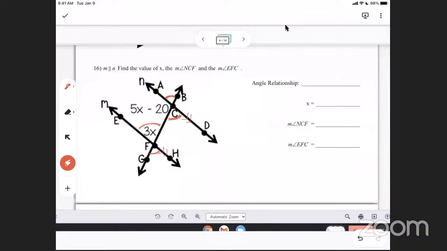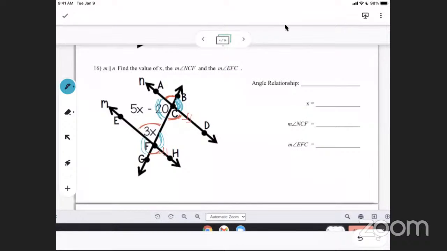Okay. And also we have this angle right here is equal to this angle, which is equal to this angle, which is equal to this angle. And the red and the blue ones are supplementary. So all we have to figure out is whether it is a red or a blue angle, and use either equal or supplementary.